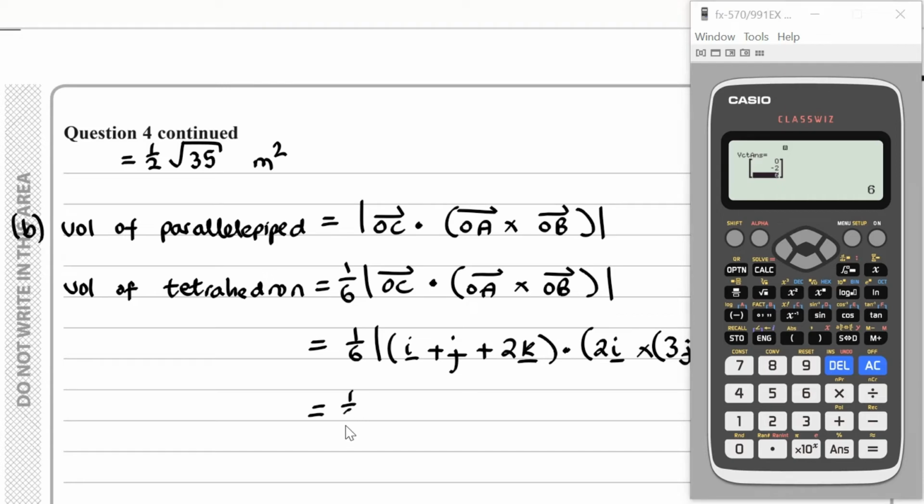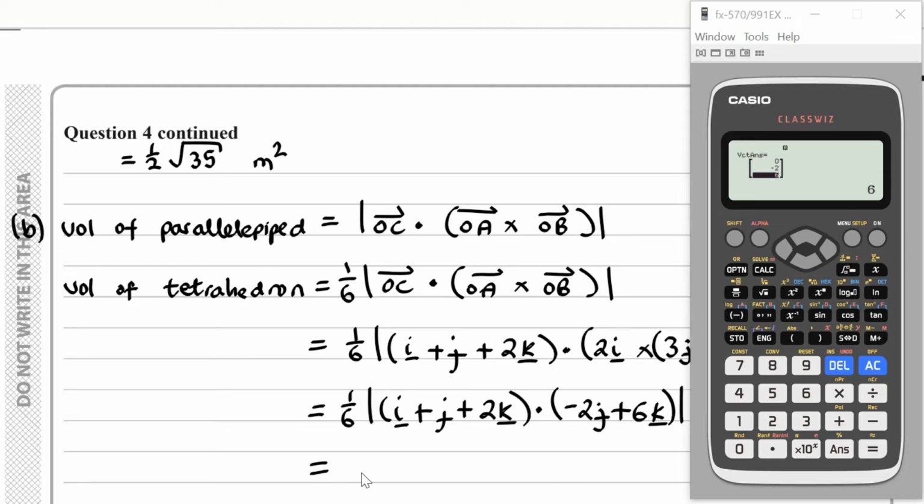So we have 1/6 lots of the magnitude of i plus j plus 2k dot product with minus 2j plus 6k.